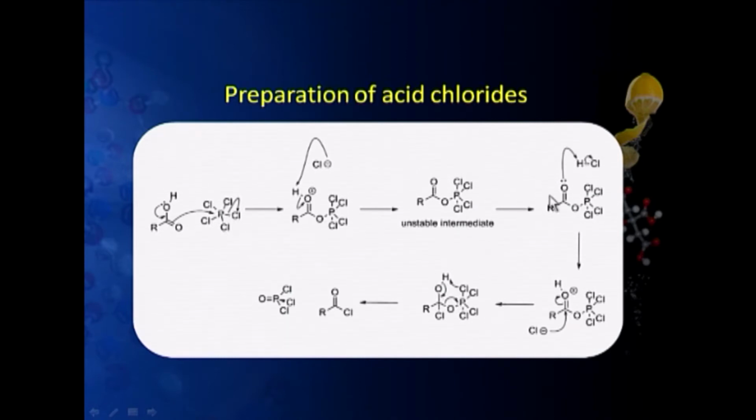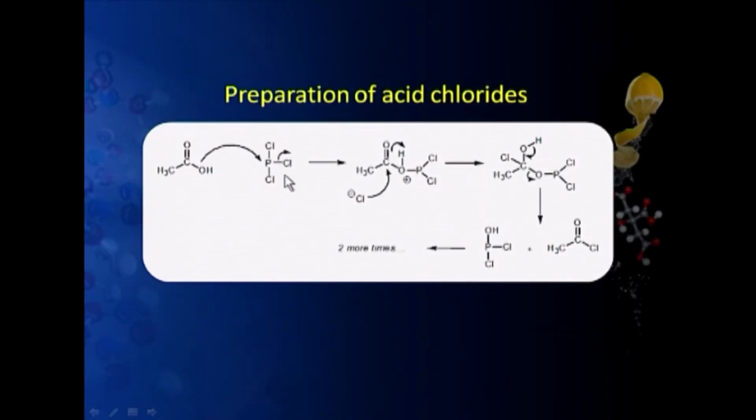So, from this step or this step, Cl minus will attack on the carbon, and then ultimately POCl3 is lost. When the pair of electrons from the oxygen comes back, this CO bond breaks and it forms P double bond O. The steps are exactly identical as in the case of thionyl chloride. The only difference is that there it was sulfur with 1 double bond oxygen and 2 chlorine, and here it is phosphorus with 3 chlorine, and then 2 chlorine here, which are lost one by one.